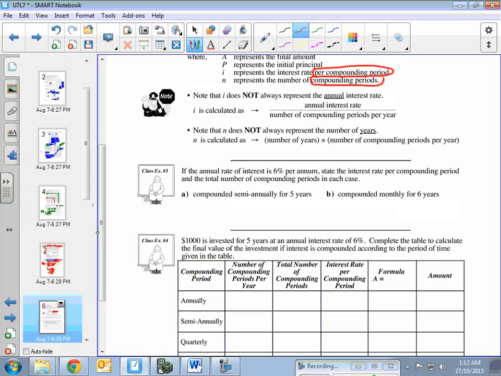So class example 3: if the annual rate of interest is 6% per year, state the interest rate per compounding period and the total number of compounding periods in each case.